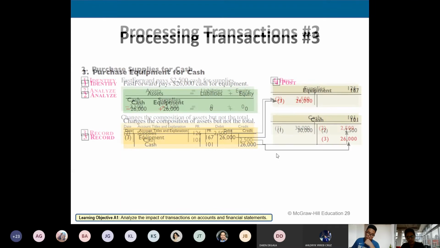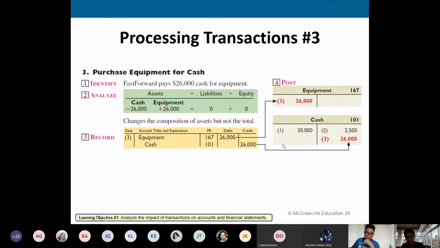Third transaction natin, bumili tayong equipment for cash. Nabawasan na naman ng 26,500. So as of this transaction, ang balance ng cash natin is magkano? 1,500 na lang. Tama? 30,000 less 2,500 less 26,500. So after posting this transaction sa T account natin, meron tayong debit balance ng cash na magkano? 1,500.